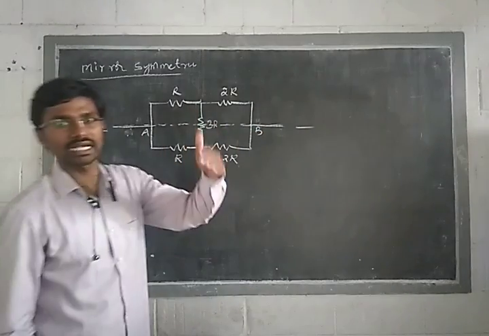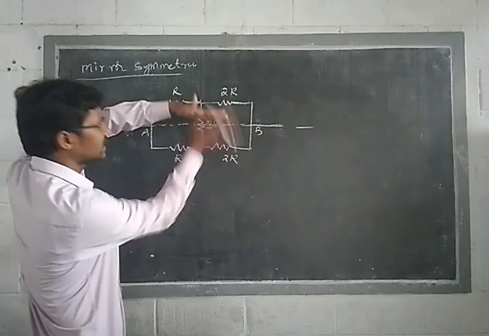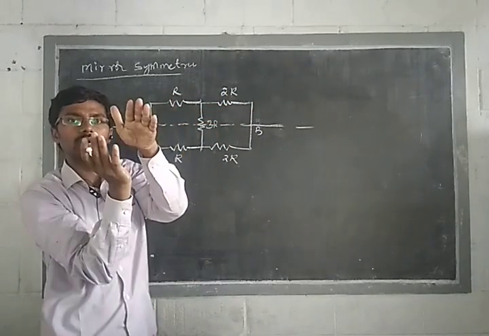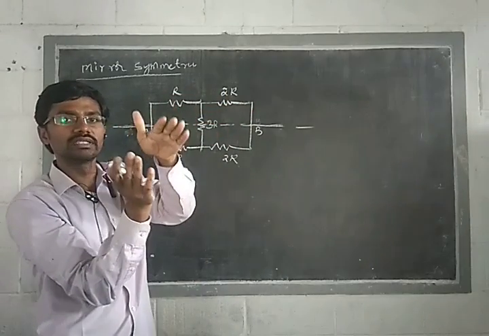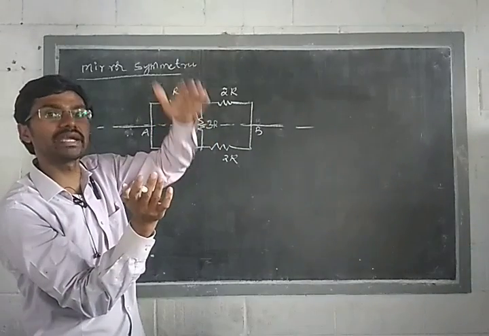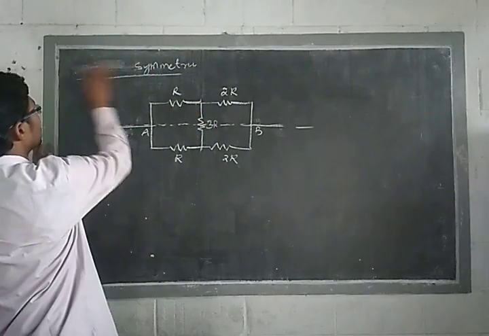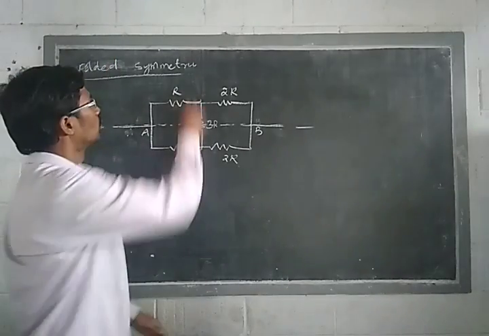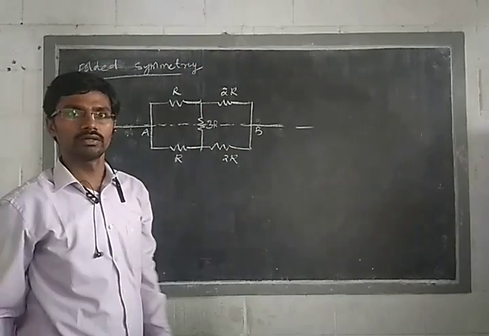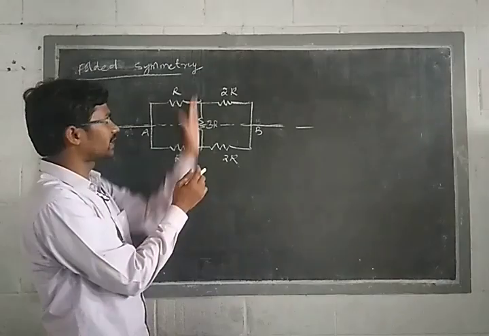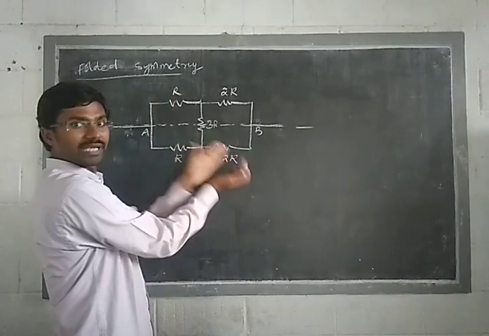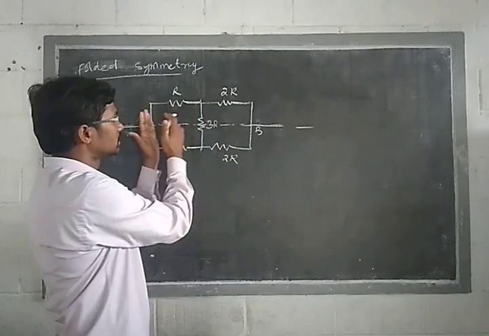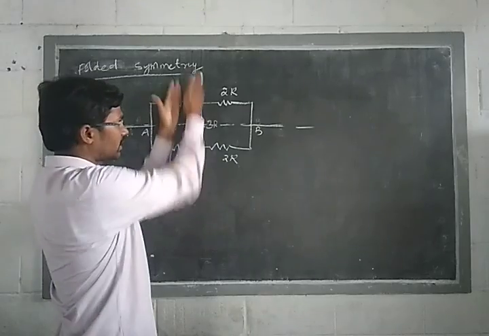Now you can observe clearly that if you fold it, remember this is a circuit of folded symmetry. Let me explain that it is a folded symmetry, because when we divide it, we are not getting the image, meaning left and right, for that axis.